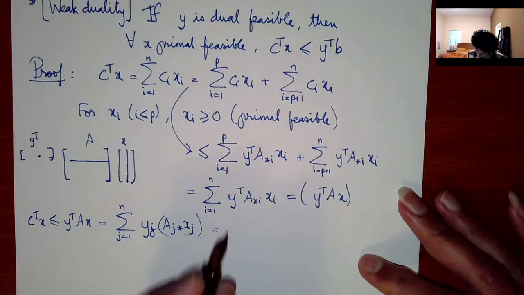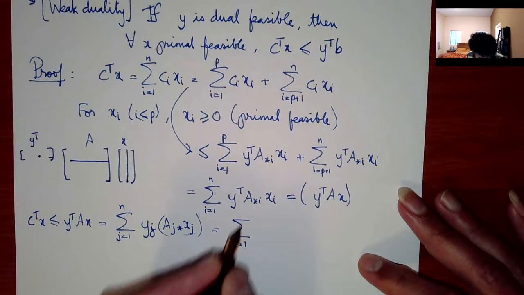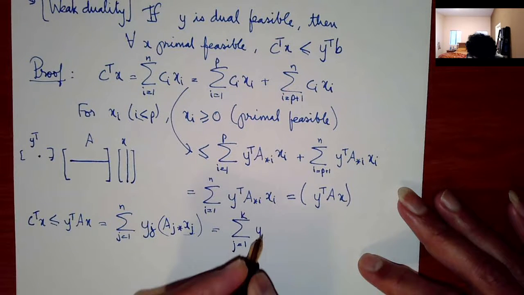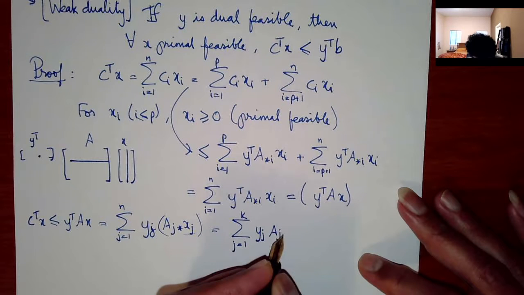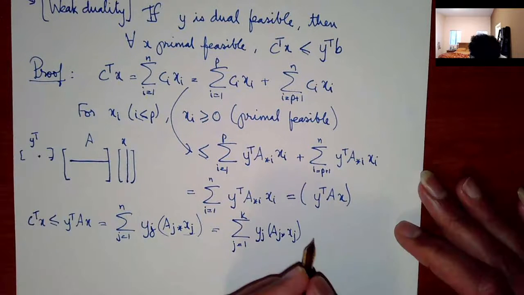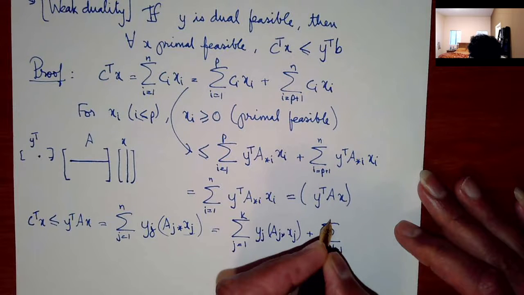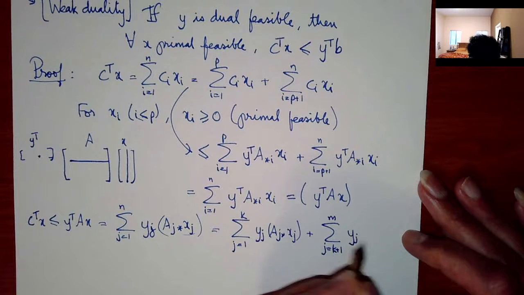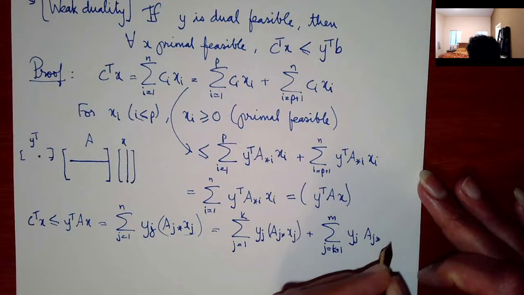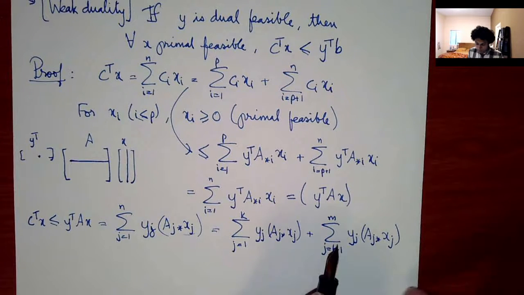Now I have to be careful, so I'm going to split this up and say that this is the sum over j going from 1 to k of yj Aj star xj, where Aj star is the row, plus the summation over j going from k plus 1 to m of yj Aj star xj, just breaking this up. Now, why did I break it up as follows?